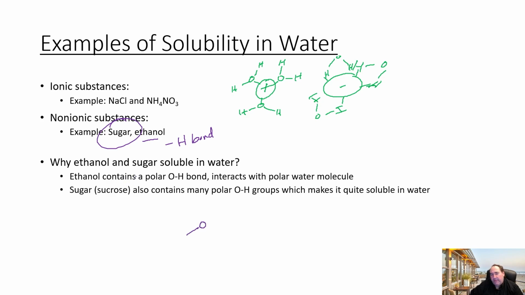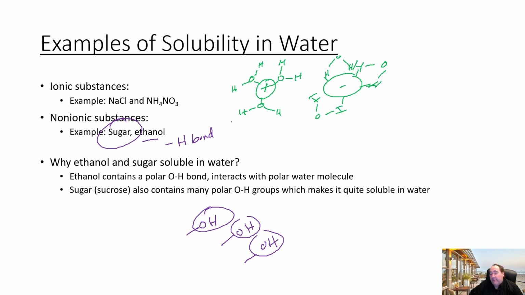Sugar has a ton of OH groups all over it, and everywhere there's an OH group, it gives it the ability to hydrogen bond and be very soluble in water, and gives water a place to interact. So one way sugar, which is larger than some molecules, is able to interact well with water is because of the presence of those OH groups.